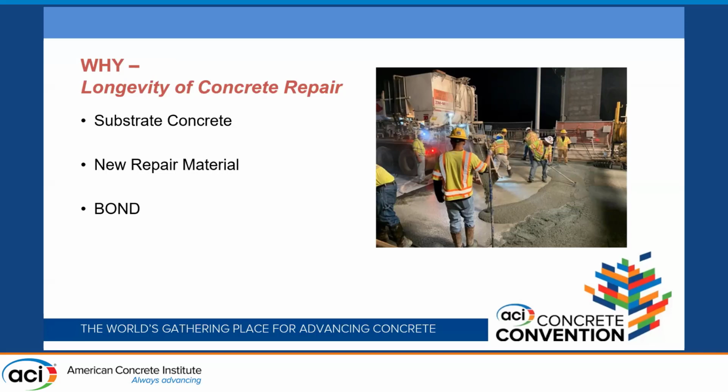Now, the substrate could be a problem if you didn't remove enough loose material, or it could have poor quality. For the new repair material, I think Ben and also Keith have talked a lot about this: it may not be compatible with the substrate material, or have high shrinkage, or was not very well designed. That could cause failure of the repair.